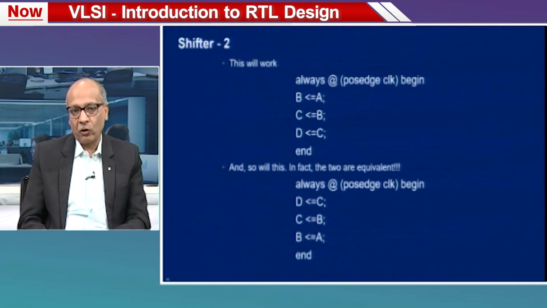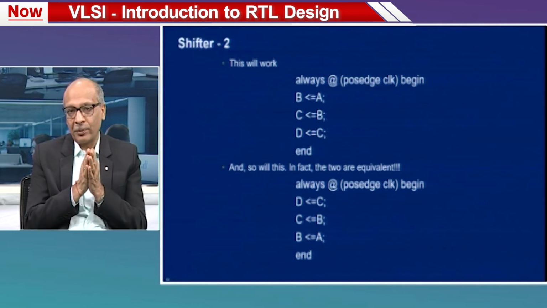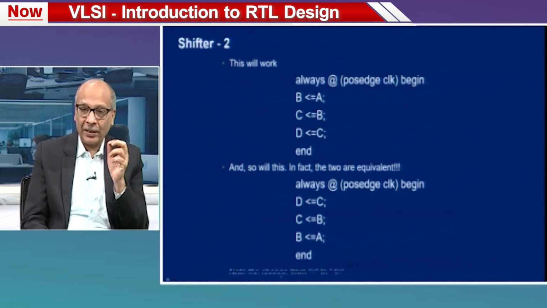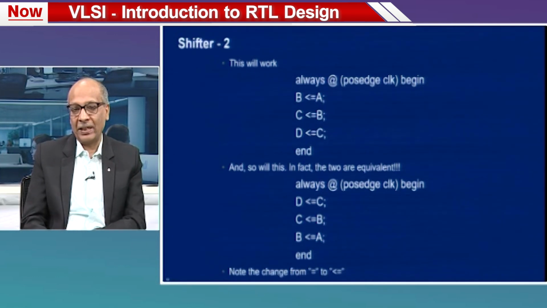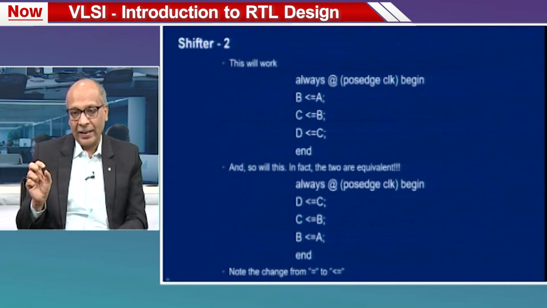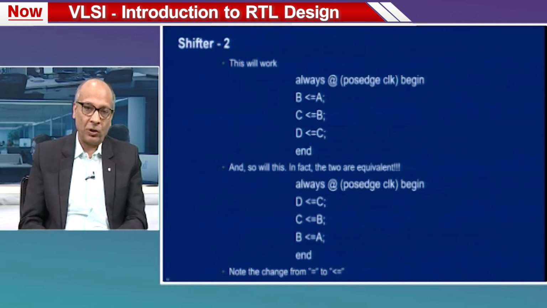Now in case you have not noticed, the difference between the previous slide and this slide is the assignment construct. In the previous slide we were using the equal to symbol. In this slide we are using the less than equal to symbol. In the world of Verilog, the equal to symbol is called blocking assignment, and the less than equal to symbol is called the non-blocking assignment.